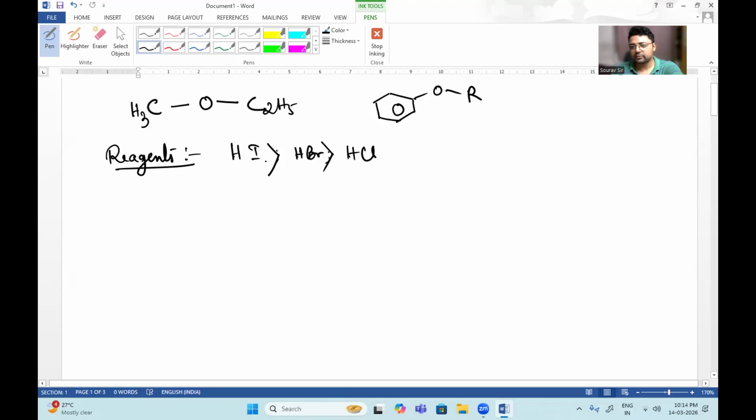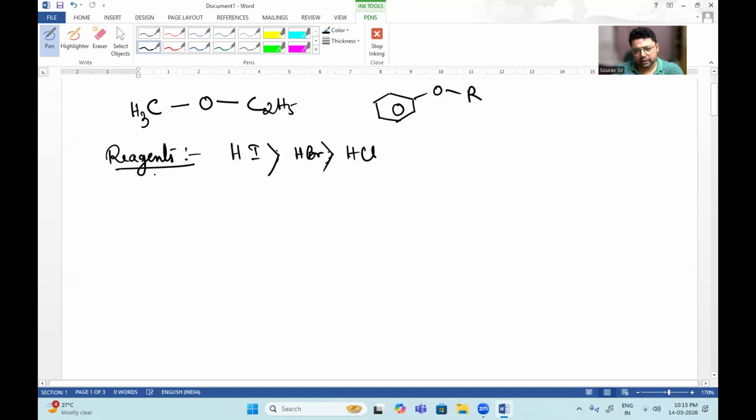HI has a large difference between its orbitals, so its bond strength is least, and that is why its breaking will be of the highest order. As the bond breaks, more H plus ions come out, and the more acidic the molecule becomes. So here HI is mostly used to cleave this C-O bond.